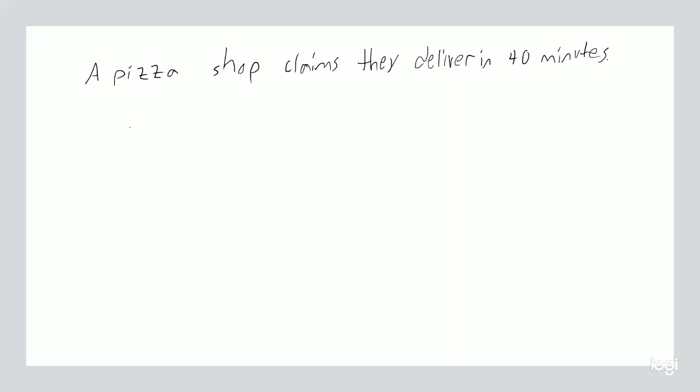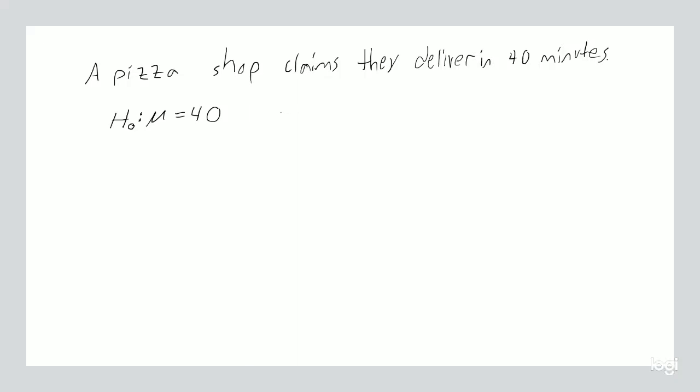Okay, that of all of their delivery times, on average, it takes them 40 minutes to deliver. Okay, so let's assume they're right. There's our population mean, and it's equal to 40. That's our assumption. Now the assumption that you start off with is called the null hypothesis, and the symbol for it is H sub 0.